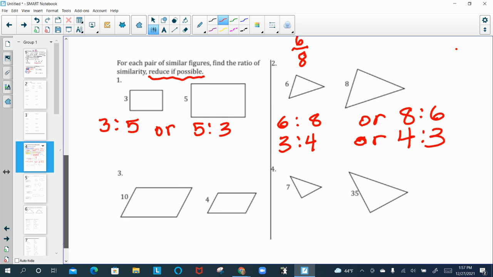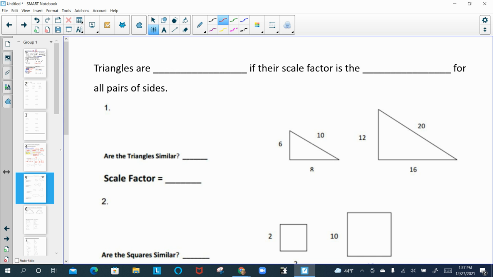Now on page 5, it says triangles are similar if their scale factor is the same for all pairs of sides.